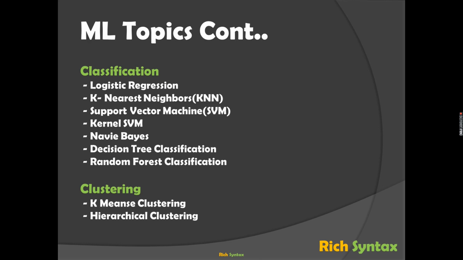And coming to classification, right? Classification is used to classify a set of data. With the different types of algorithms here, we can segregate the data which we are inputting. Okay, and coming to clustering, we have k-means clustering and hierarchical clustering. The main advantage of this particular type of algorithm is that we can group the data into different data points.